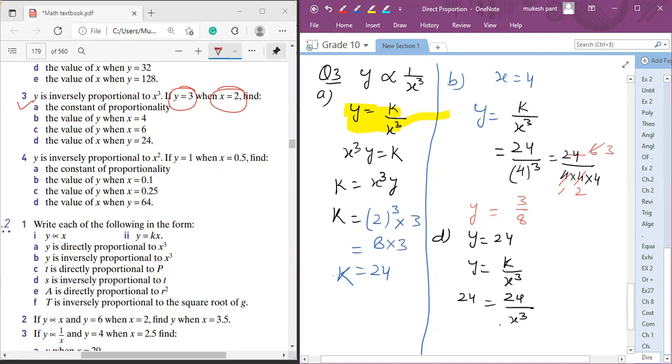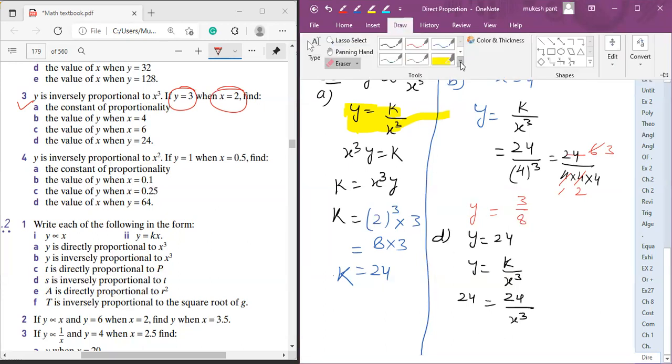Okay, and what you can do, you can do cross multiplication, or you can do it like this also. x cube equals 24, and this 24 will come here. Is it okay? Or if you have confusion, you may have. So what you can do, you do cross multiply first, and then the thing is the same.